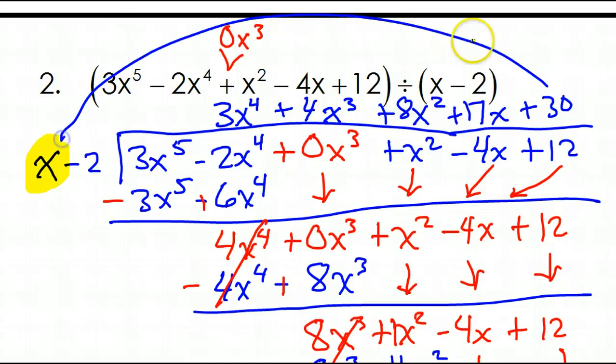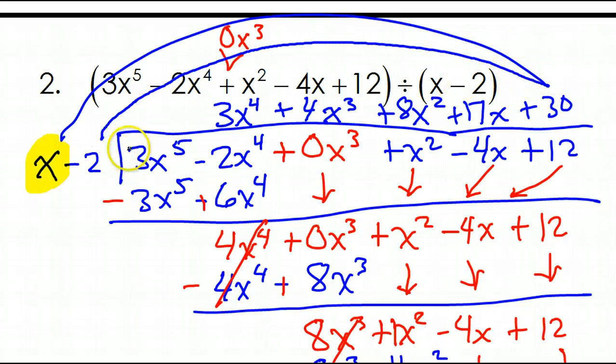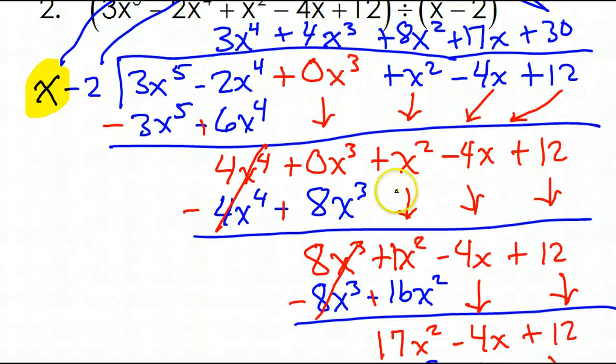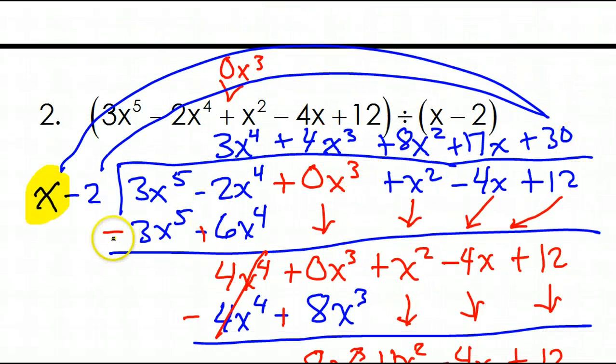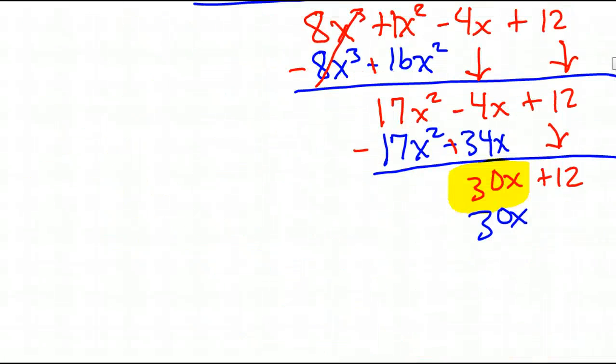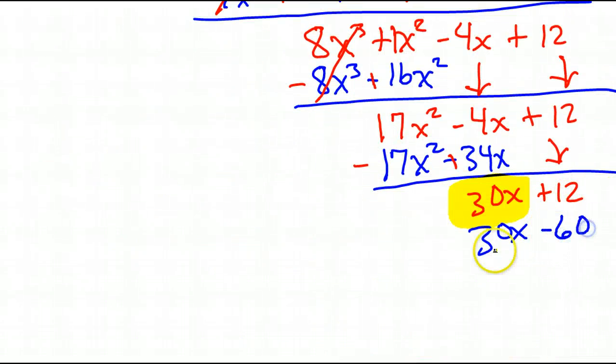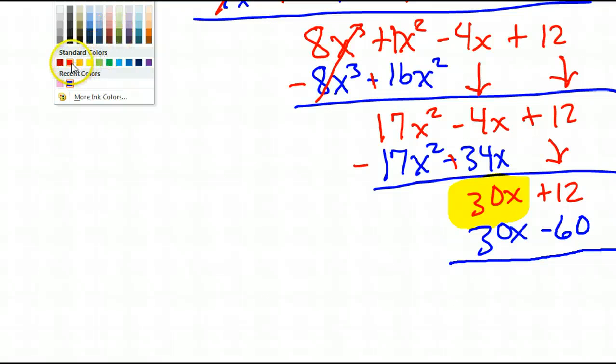Now I'm going to take my 30 and distribute. Sure enough, 30 times x is 30x. All right, now 30 times negative 2 is negative 60. Okay, I am going to subtract by changing the signs.